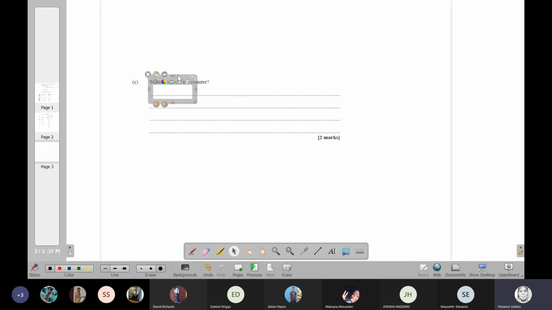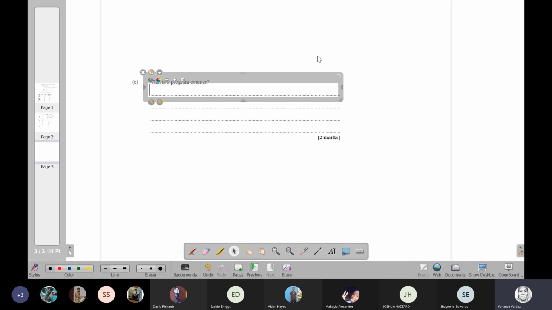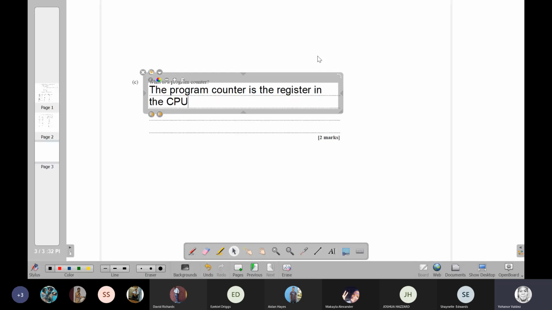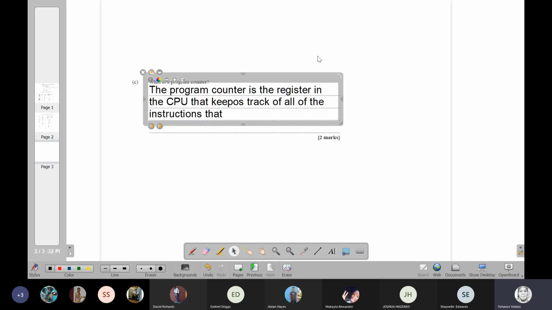Program counter is the register in your CPU that keeps track of all the instructions. The program counter is the register in the CPU that keeps track of all of the instructions that are to be executed by the processor.